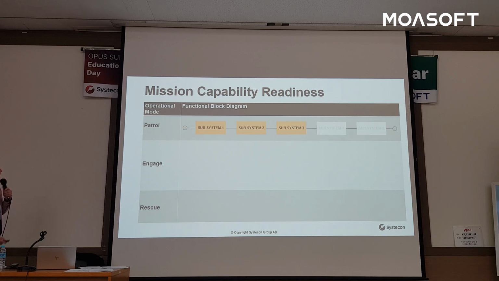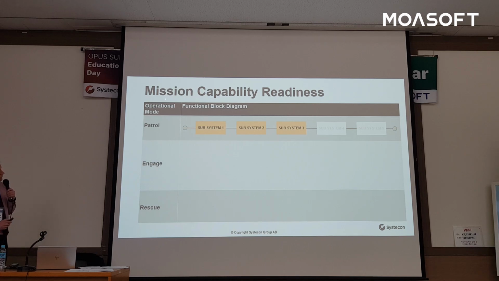Then here's a concept that I haven't talked about yet, called functional block diagrams, or FBDs, which is the abbreviation we use, and which is commonly used for reliability diagrams showing what subsystems are needed in order to have a functional system.